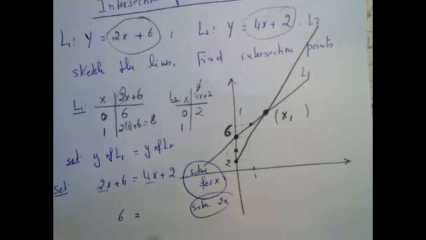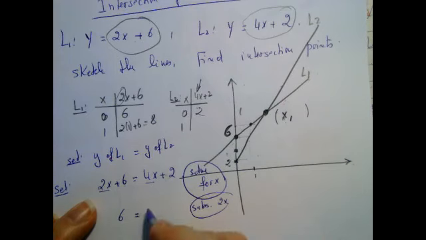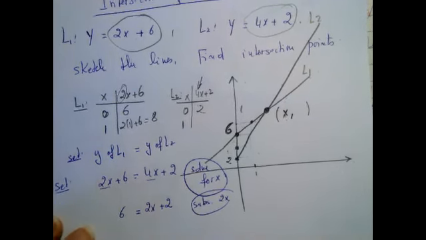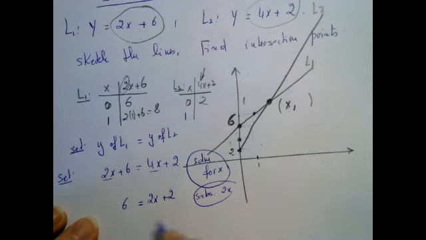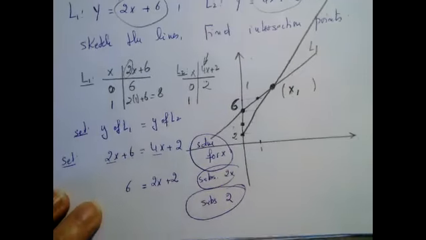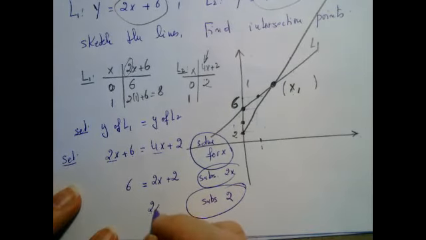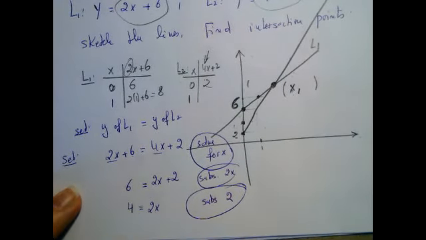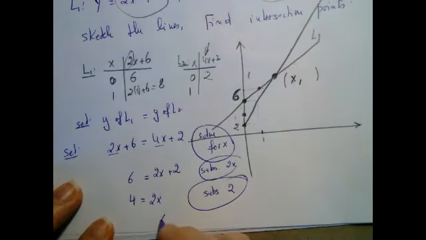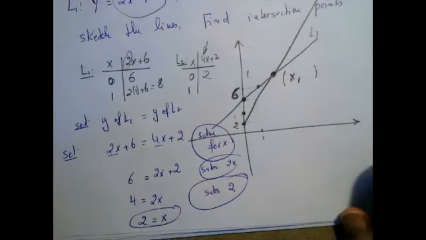I will have 2x plus 2. Then I'm going to subtract 2, which gives me 2x equal to 4. And finally, divide by 2 gives me x equal to 2.